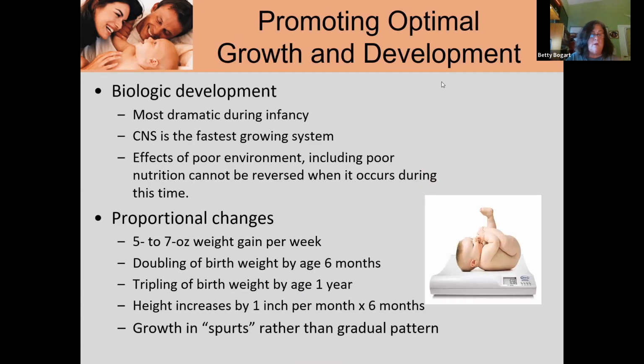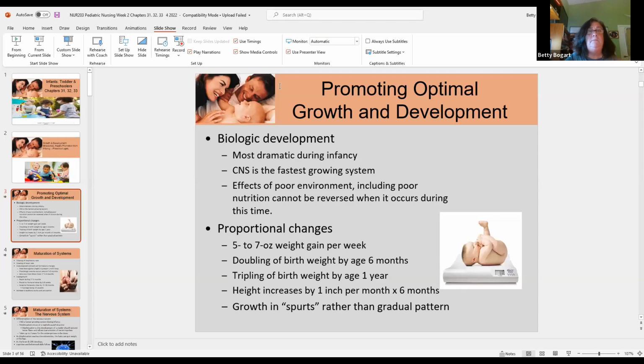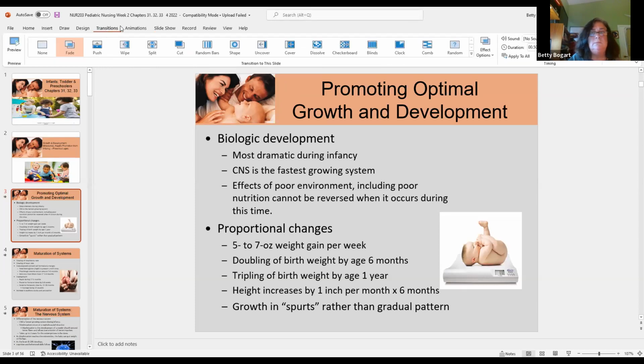Well, hold on. Let me see if I can stop this from doing it. And if any of you can help me with it, it's under transitions. Anybody a PowerPoint guru? Transitions and advance. The duration. And put it to what? You see, 1 second, there's something over here. None.